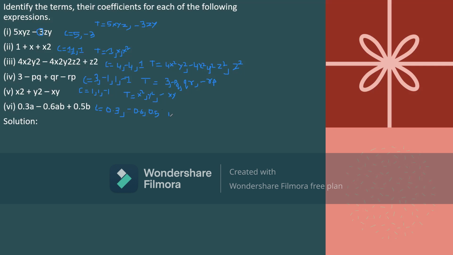So let's check out the terms. What are they? Terms. 0.3 what? Not 0.3, it is 0.3a. Write the whole expression. Keep a comma before each and every term. Term means like minus 0.6ab, like those. Maybe you can note down this.